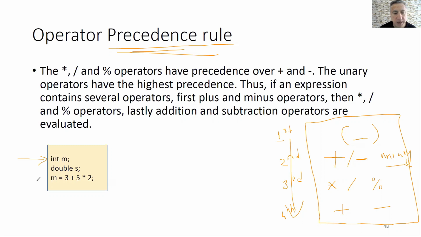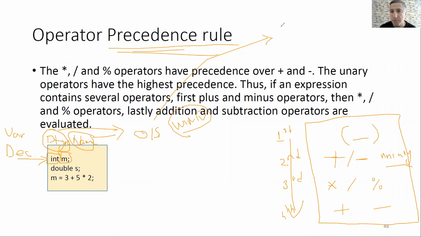So we have the integer m. Remember that this is a variable declaration. When you declare a variable, you provide the data type and the name of the variable. The operating system, assume you are using Windows 10, for example, takes this data type and name and goes to the main memory.